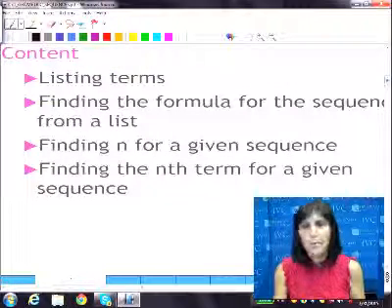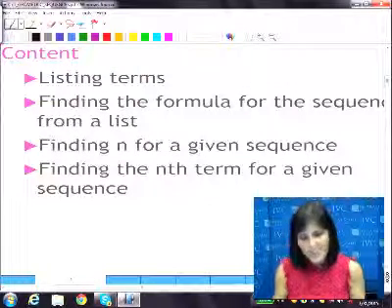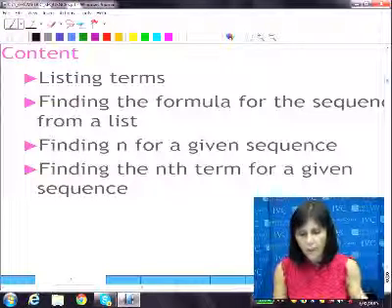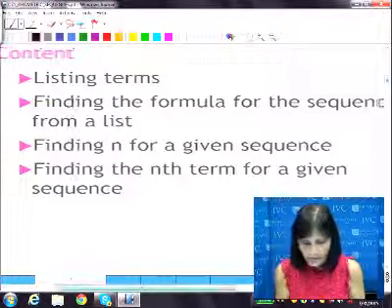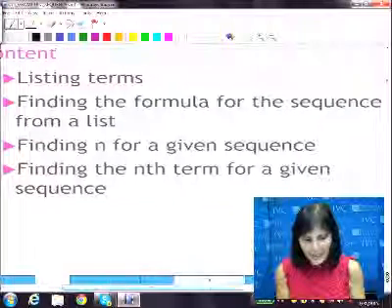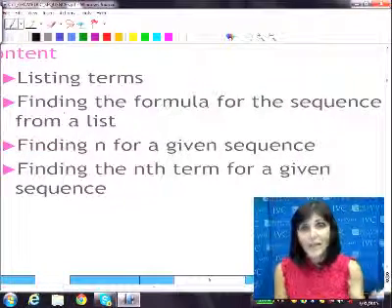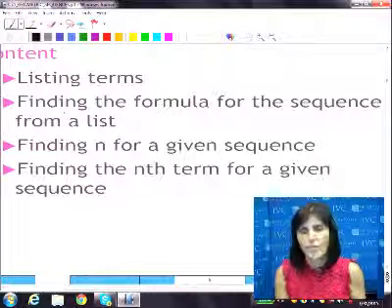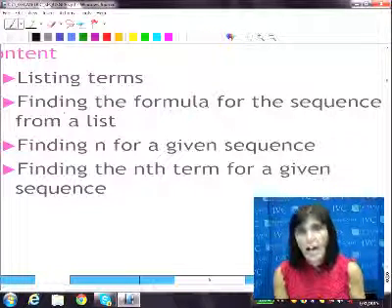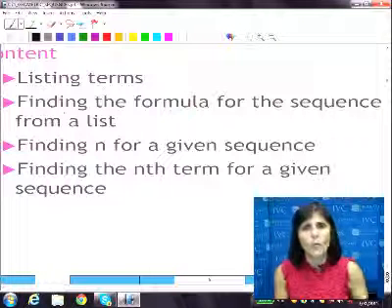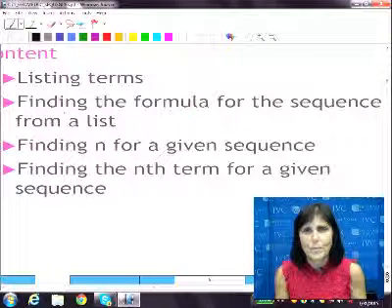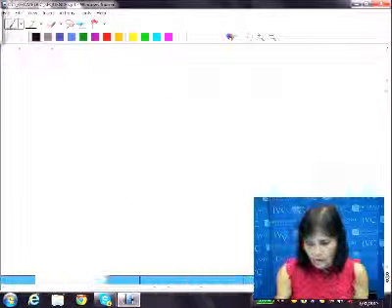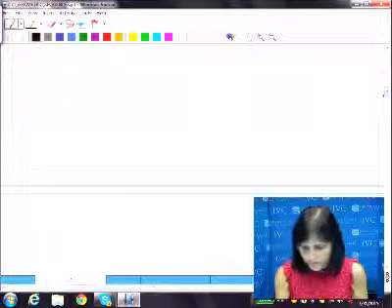What I'm going to talk about is listing terms for geometric sequences, finding the general formula from a list, finding n from a list, and figuring out, for example, if they give you 4 or 5 terms and then ask what the 99th term is. Okay, so let's get started.